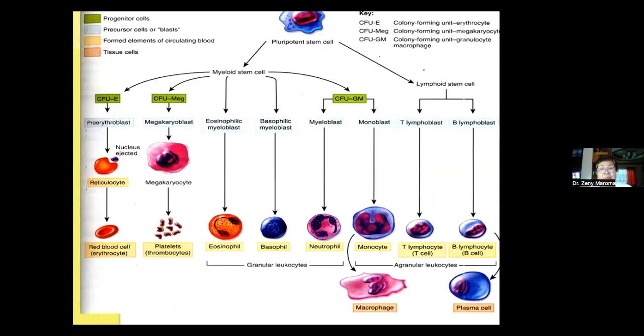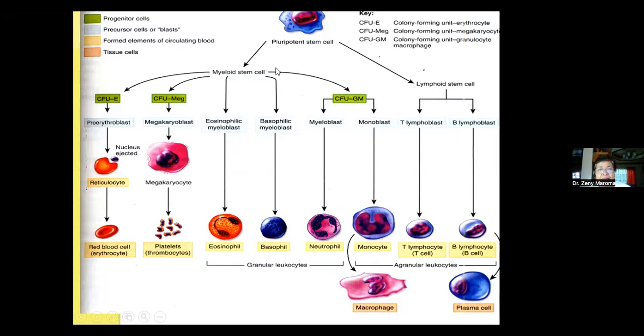You would see in here that blood formation occurs in the bone marrow. It originates in the pluripotent stem cell of the bone marrow, wherein this pluripotent stem cell is committed to proliferate and divide into myeloid stem cell and lymphoid stem cell.